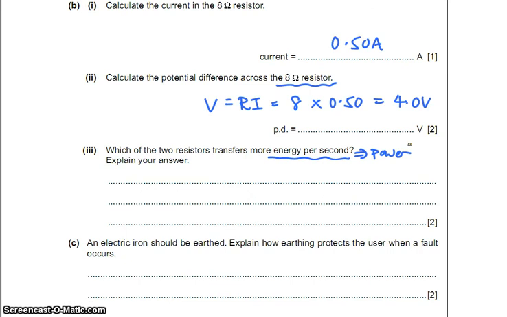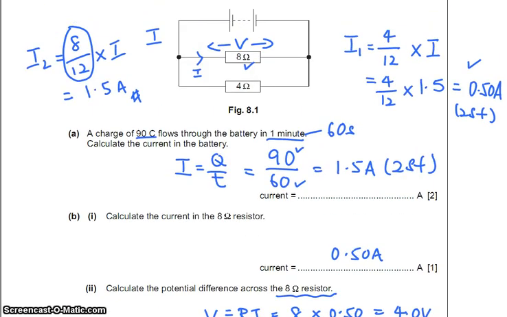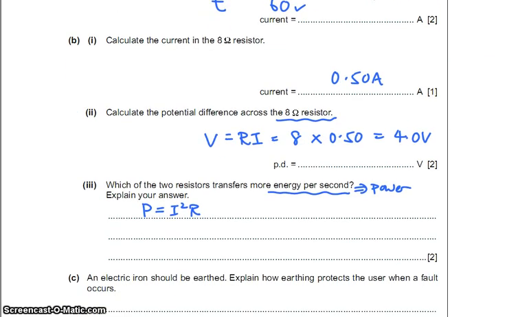Power, you can use P is equal to I squared R. Now if you look at the current flowing through these two resistors, you can work out, of course, from here, P for the 8 ohm, how much is it equal to, and P for the 4 ohm, how much is it equal to. But of course there's another way of finding it.